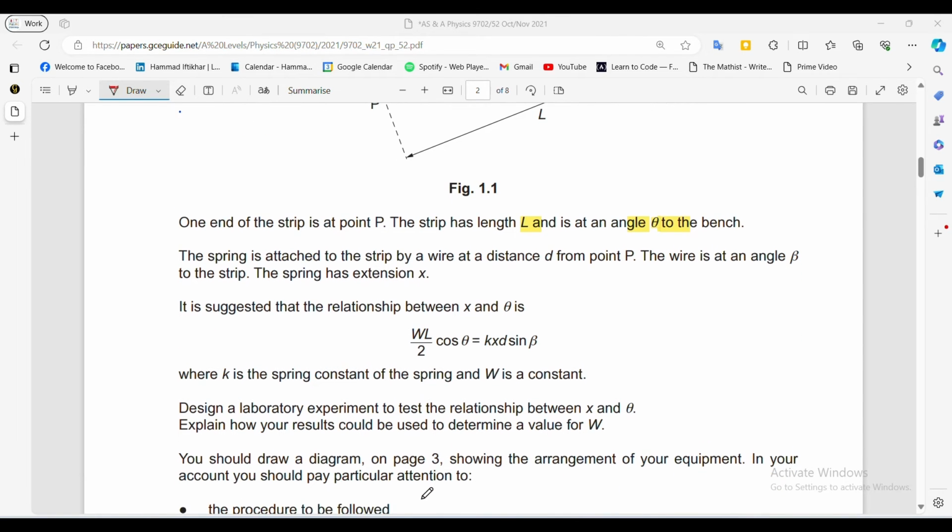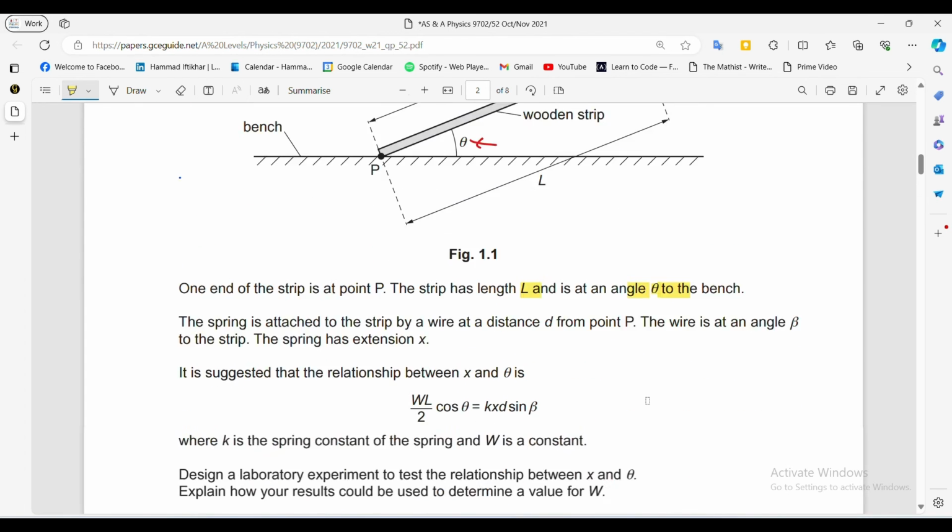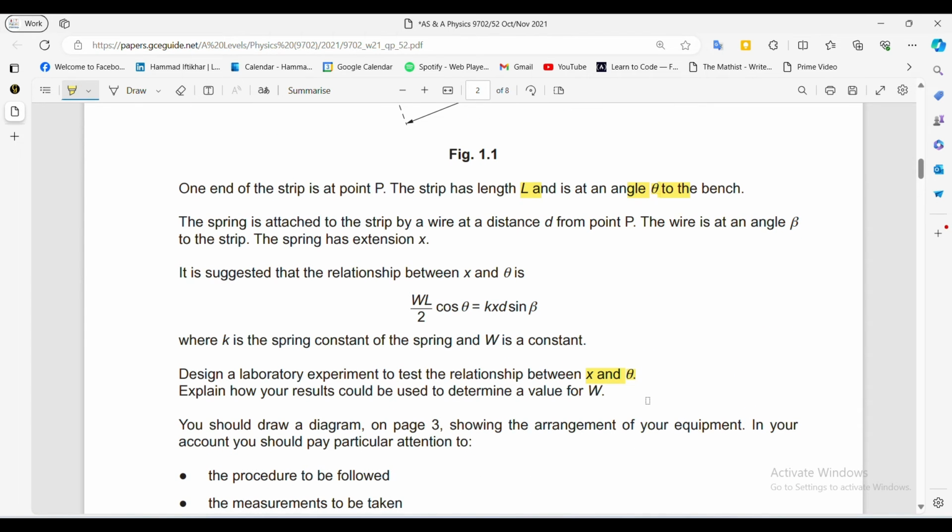Design a laboratory experiment to test the relationship between X and theta. X is the extension, theta is the angle of the inclined plane. Explain how your results could be used to determine a value for W.